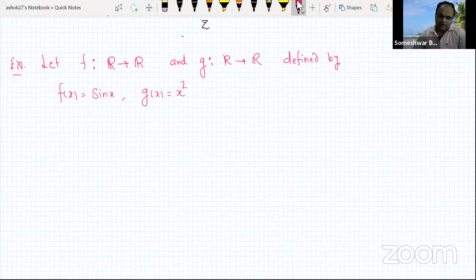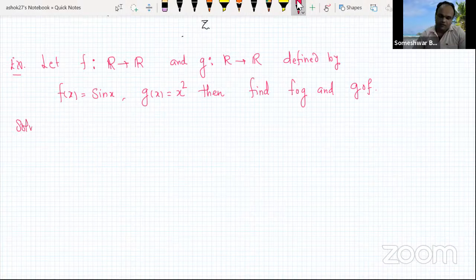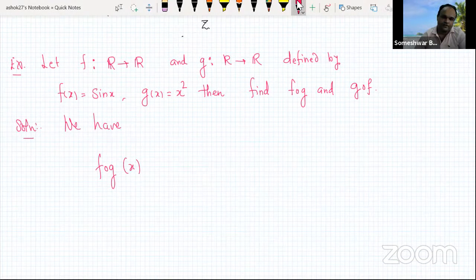Then the question is: find f of g and g of f, that is the composition of f and g and g and f. So let's find. Solution. Using the definition of composition mapping, we have f of g of x.